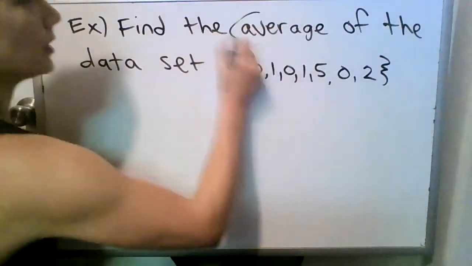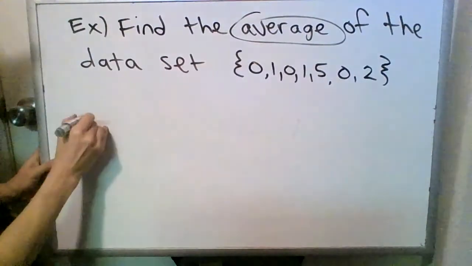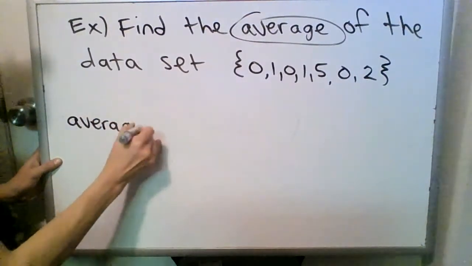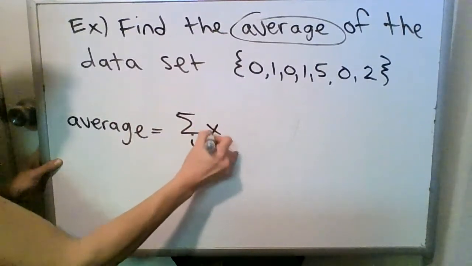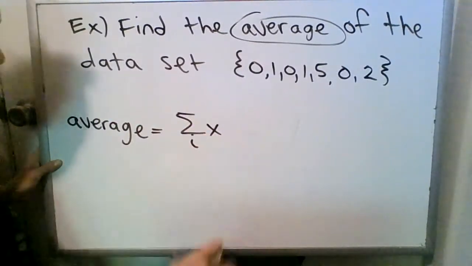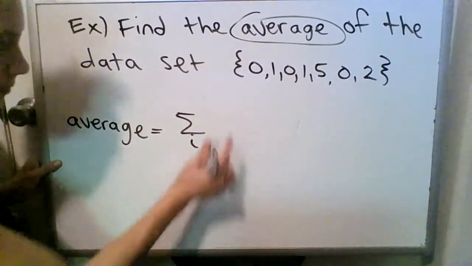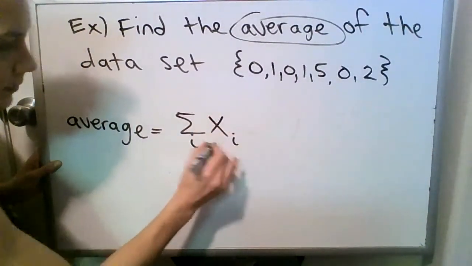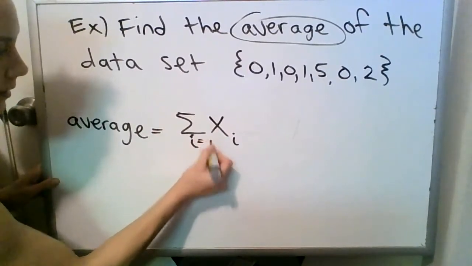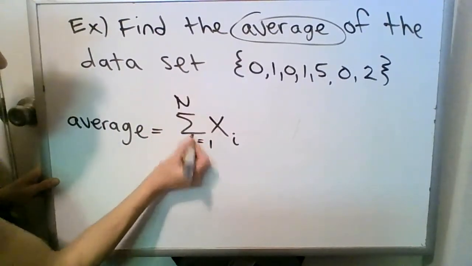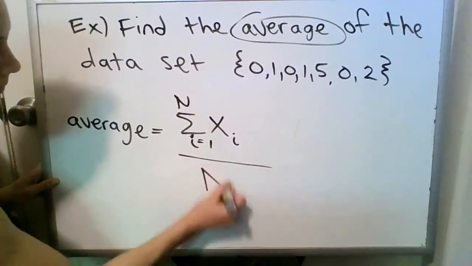We're getting the average, which means sum all of your x sub i from i equals 1 up to n, and then divide by n.